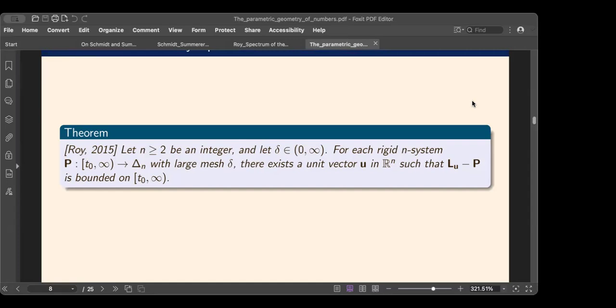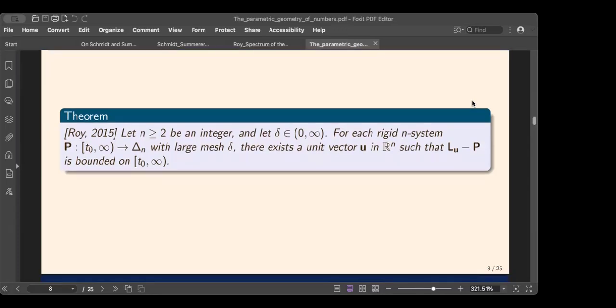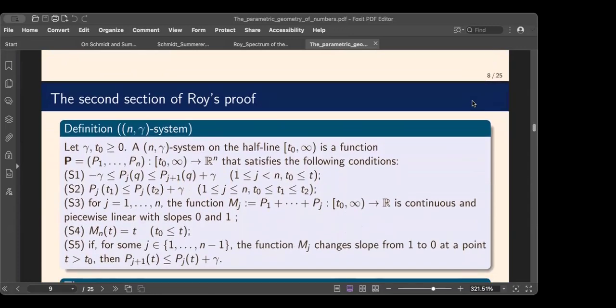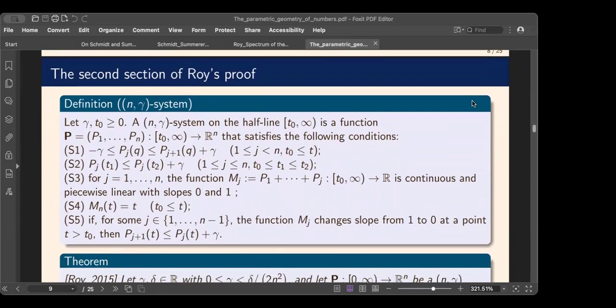It is the first part, and the proof is, I think, using the construction. And in the second part, he defined a more general class of functions he called the n-gamma system. The n-gamma system satisfies the following five conditions.